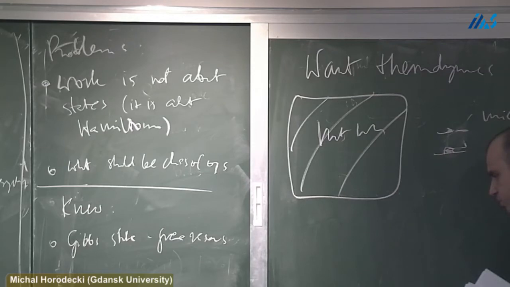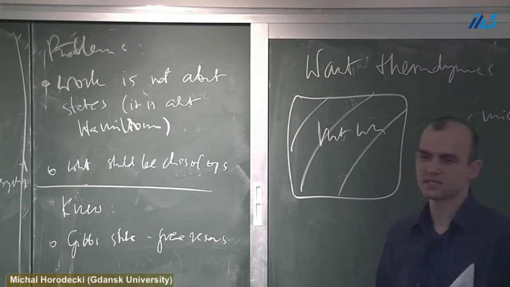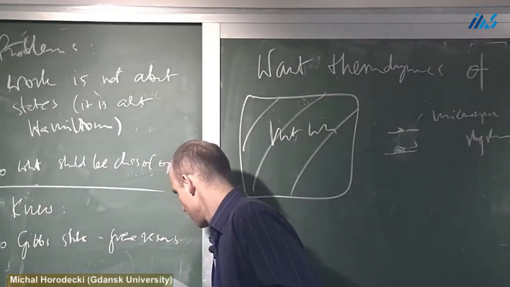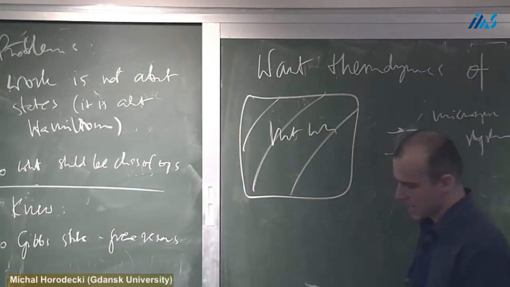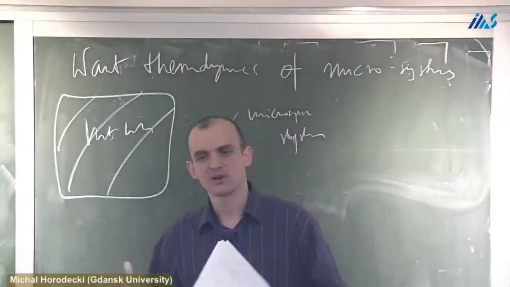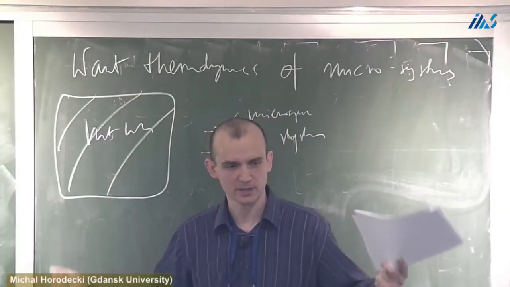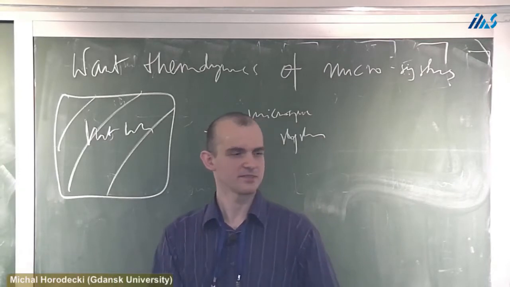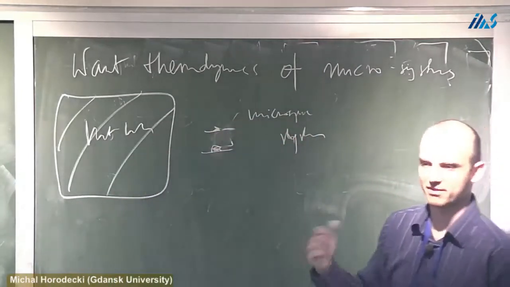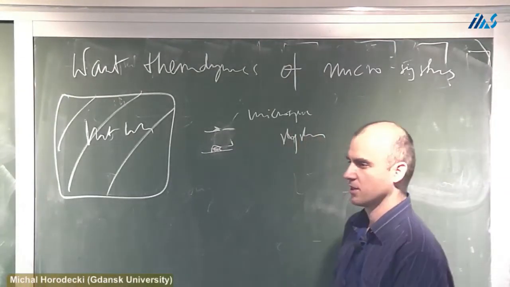Normally, thermodynamics is really good for macroscopic systems, because there are averages, you have average work, you have such quantities which are good when you have some ensemble. What about if I have just a single qubit, a two-level system?